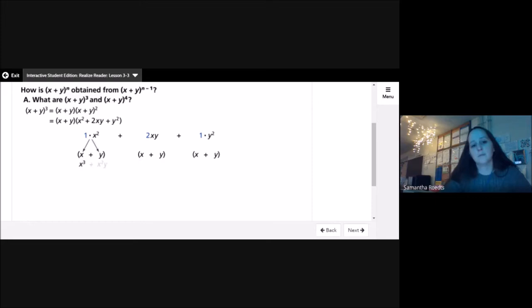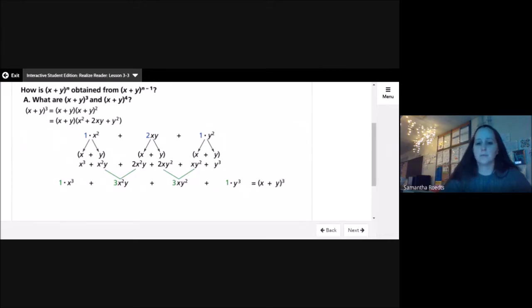First, multiply x squared by x and then by y. Then do the same for 2xy and y squared. Combine like terms to find the simplified polynomial. This simplified polynomial is x plus y cubed.